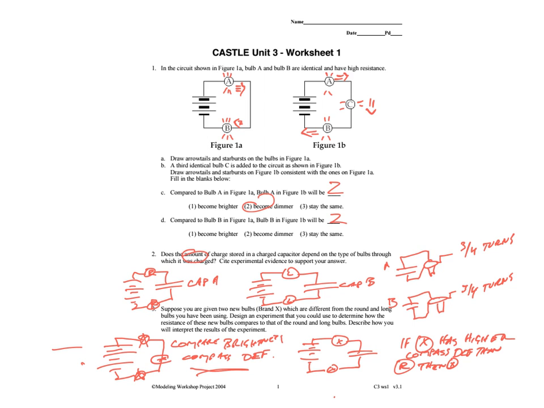If you have a higher compass deflection, that means you have a higher flow rate, and high flow rate means lower resistance. Likewise, if the X bulbs have a lower compass deflection than the long bulbs, then they have a higher resistance than the long bulbs.